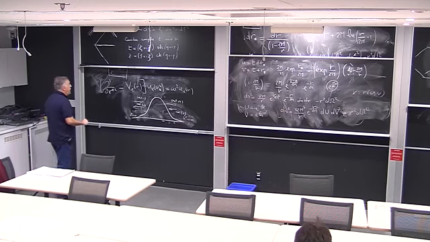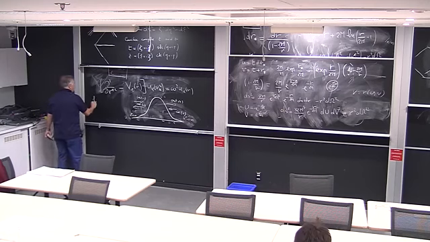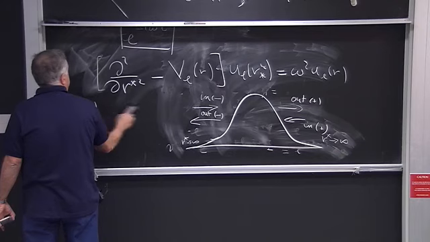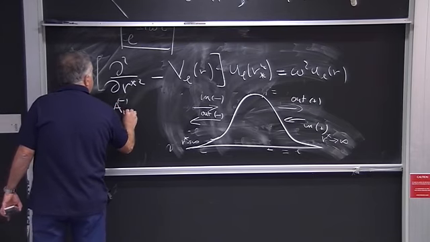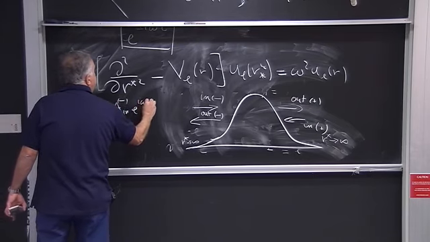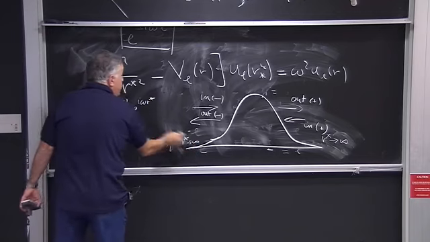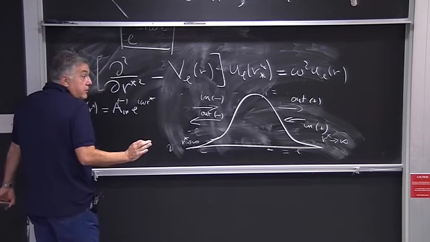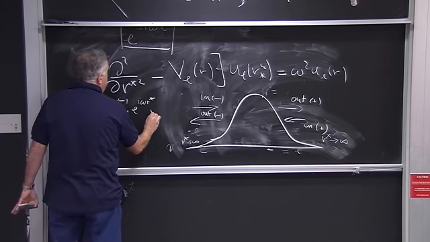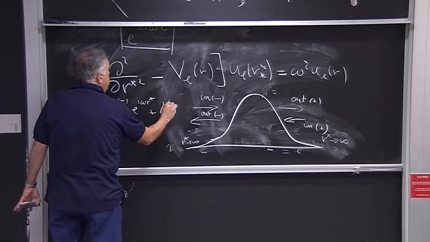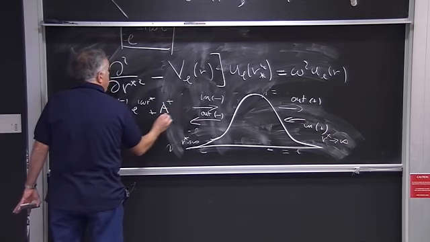So we can write the solution u_l of r star at minus infinity as A minus in, the ingoing wave e to the i omega r star, because at minus infinity you just have plane waves. Minus infinity is the horizon, plus A minus out.